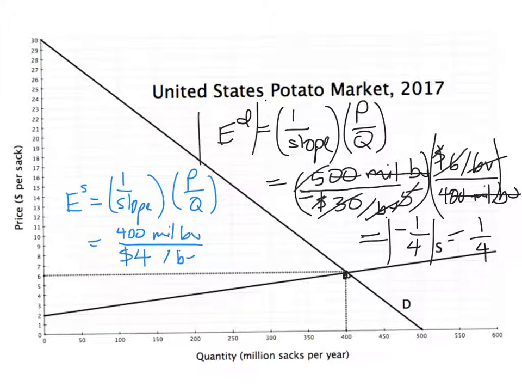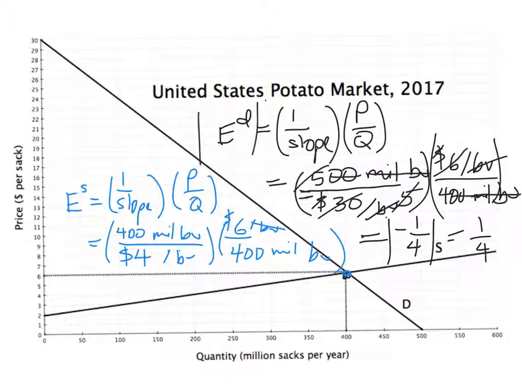And then I'm multiplying that by the price level and the quantity level where we're evaluating elasticity. And that's going to be the same as before. $6 is the price per bushel over 400 million bushels.